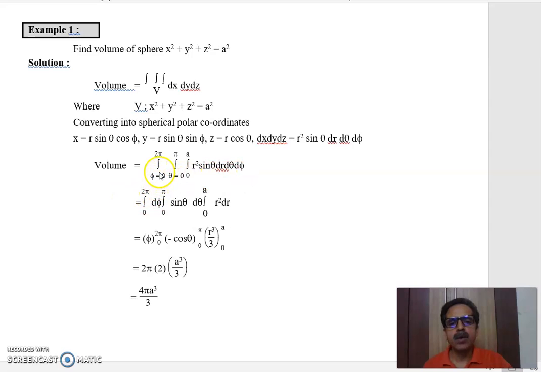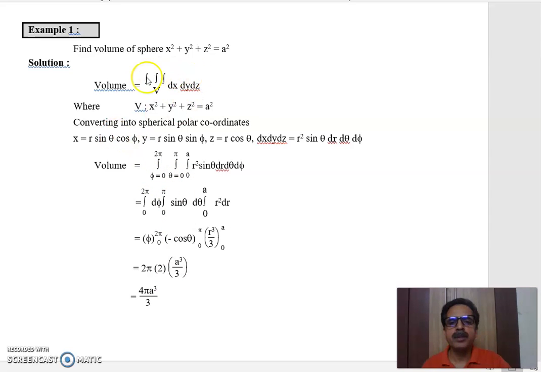Here you can see that all the limits are constants and this integrand is variable separable. So this triple integral is a product of three single integrals, and after evaluating we can get the value. Here these are the standard limits.